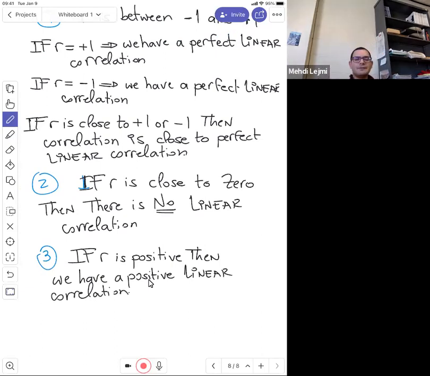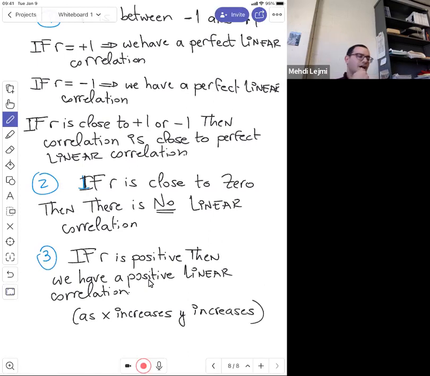Positive linear correlation means, as I said, the line is going to go up. It means that as x increases, y increases.